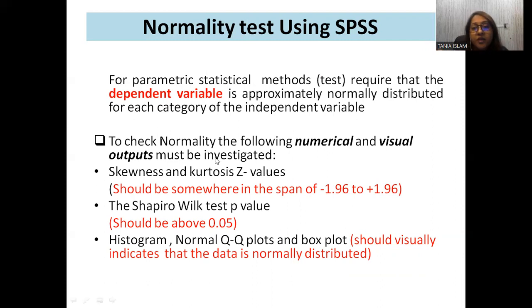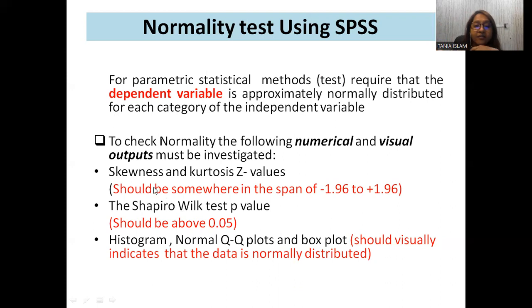Okay. So there are some rules we can follow to check in the SPSS whether data is normally distributed or not. There are two parts. One is numerical, from the numbers we calculate and see, and another part is visual, like a bell curve of the data distribution, where we can say it's normally distributed.